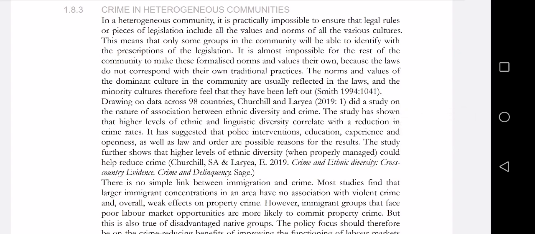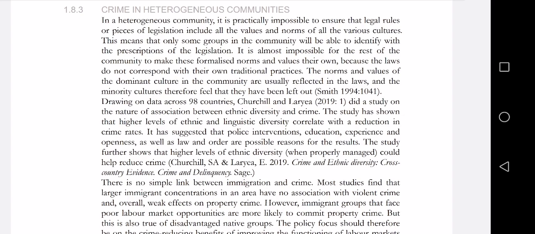In a heterogeneous community, it is practically impossible to ensure that legal rules or pieces of legislation include all the values and norms of all various cultures. This means that only some groups in the community will be able to identify with the prescription of the legislation.